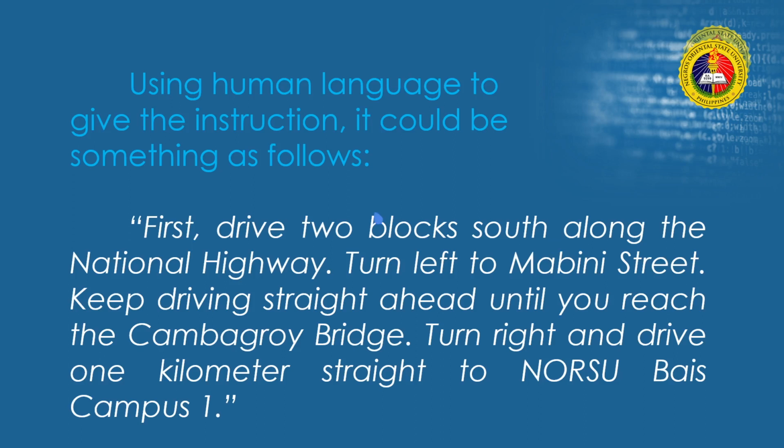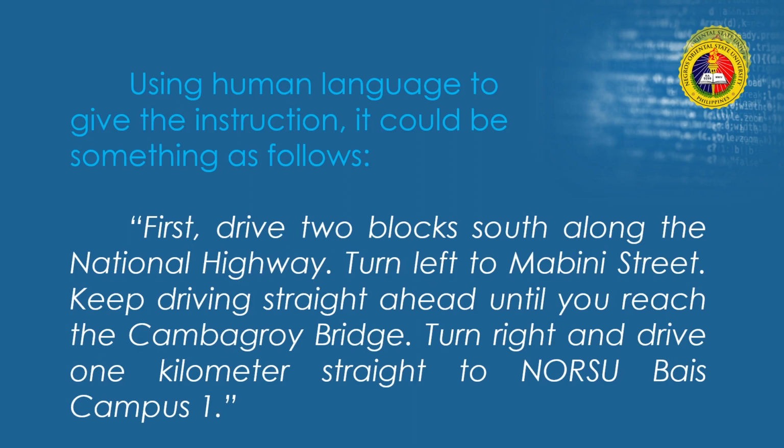Let's try if this list of step-by-step procedures or instructions will let you get to NORSU, so you won't get lost. Using human language to give the instruction, it could be something as follows. You are coming from the Plaza. First, drive 2 blocks south along the national highway.